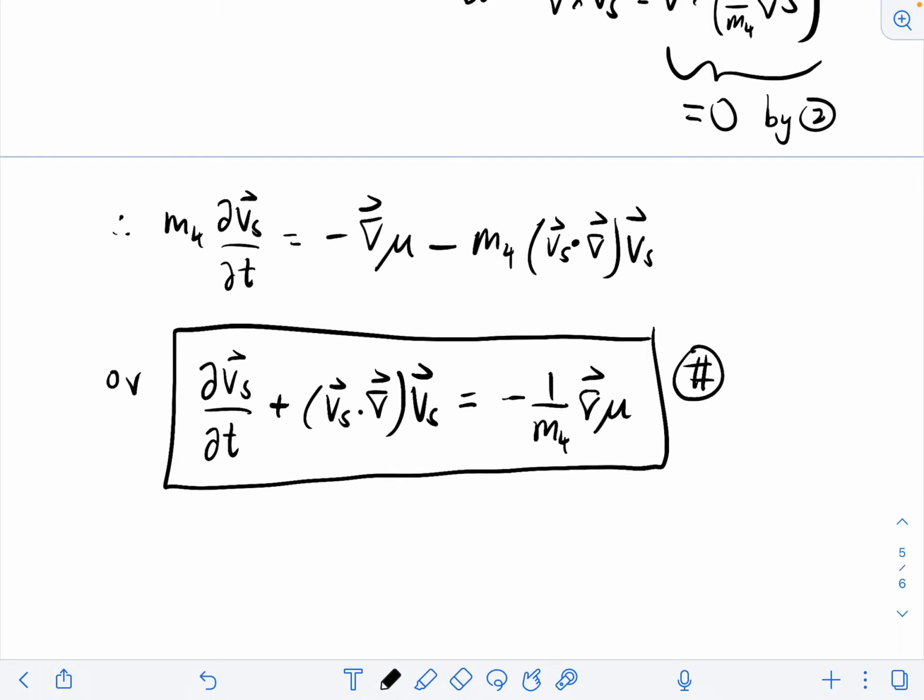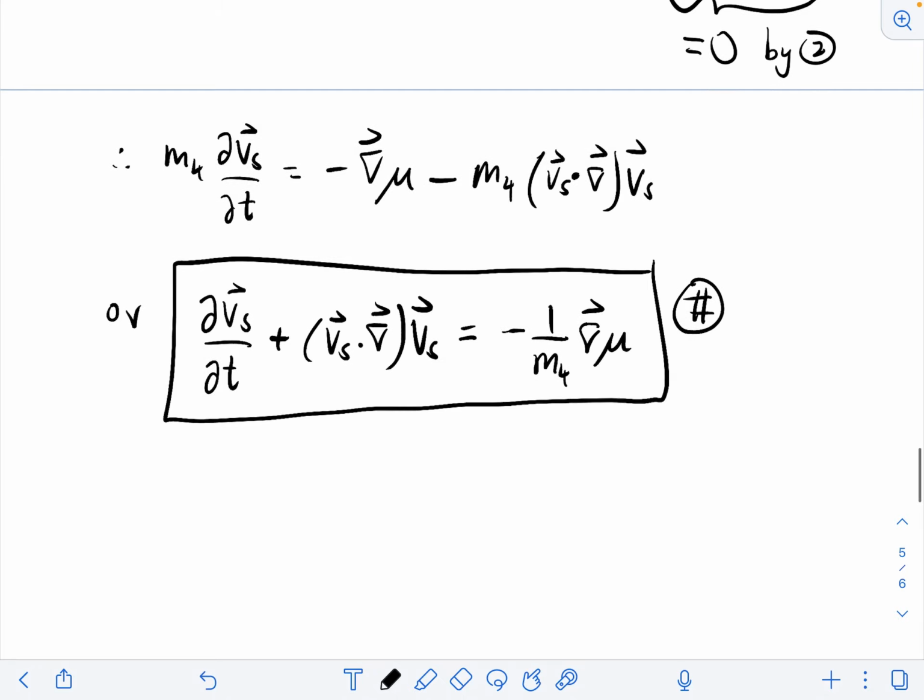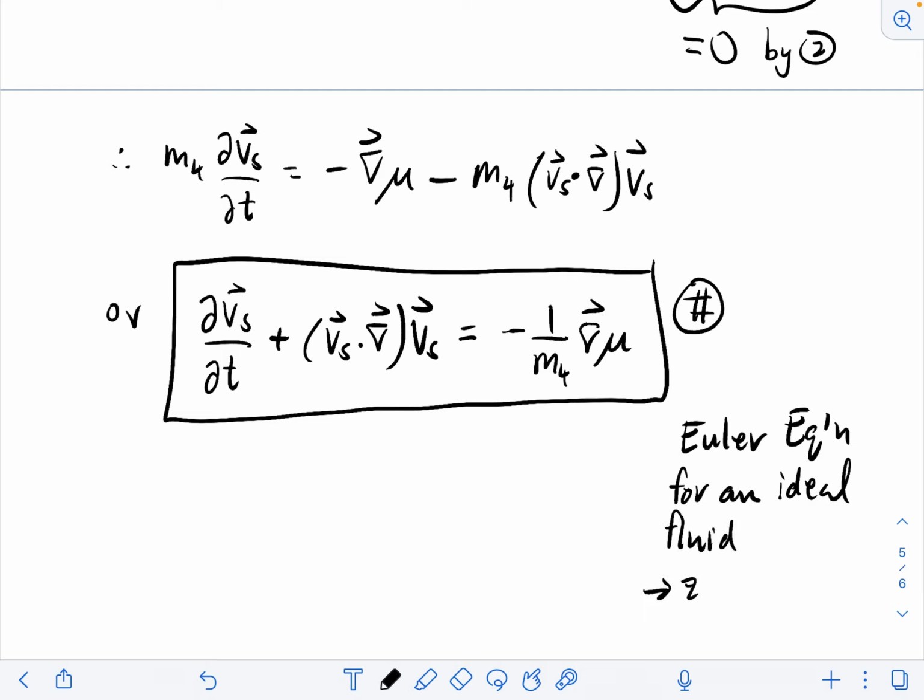And so what this turns out to be is known as an Euler equation for an ideal fluid. An ideal fluid is one that has no viscosity, so it flows without any losses. So what we're going to do is try to interpret the left-hand side of this equation.